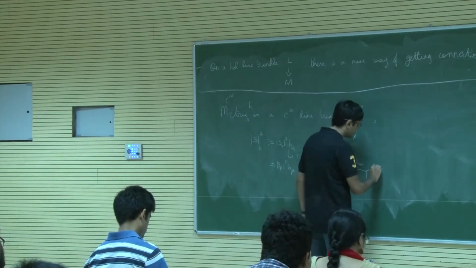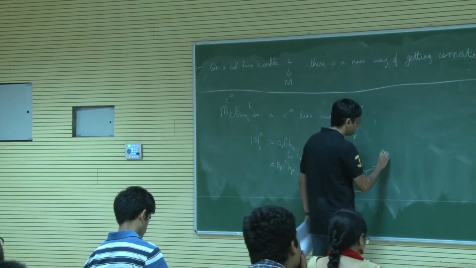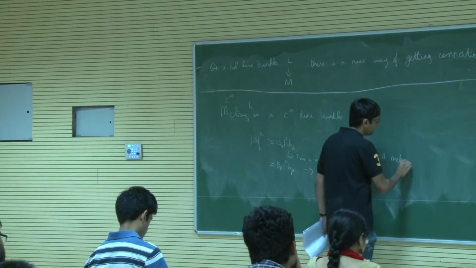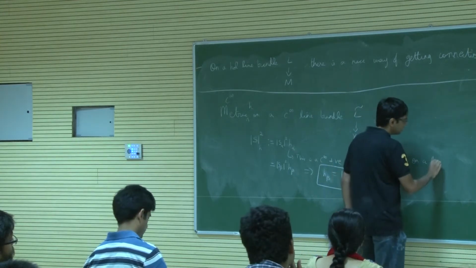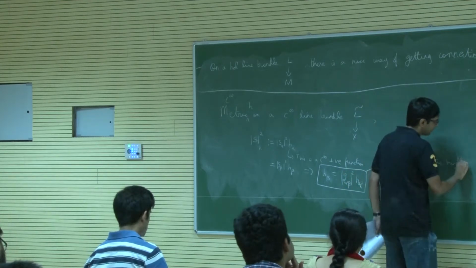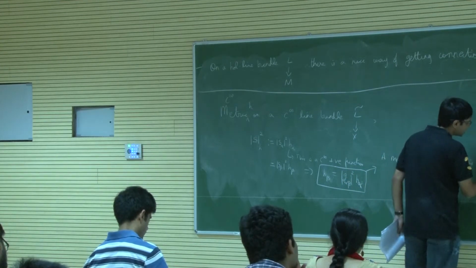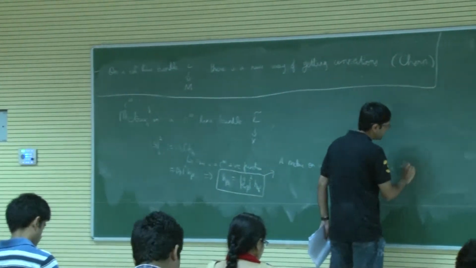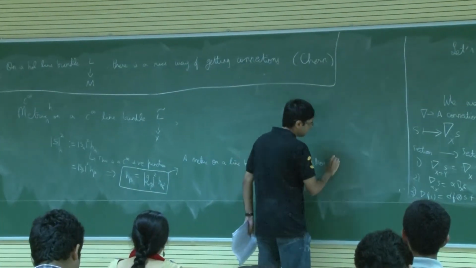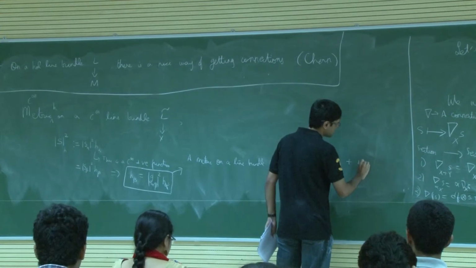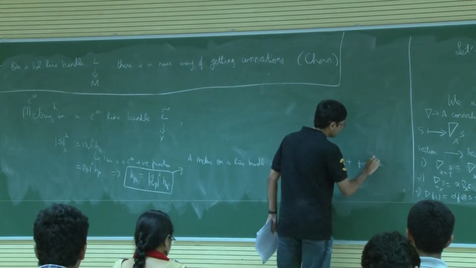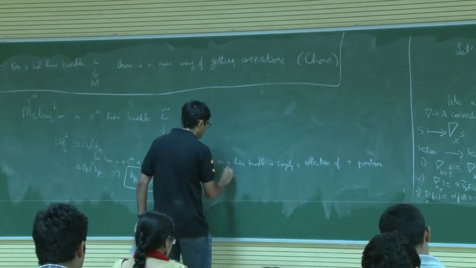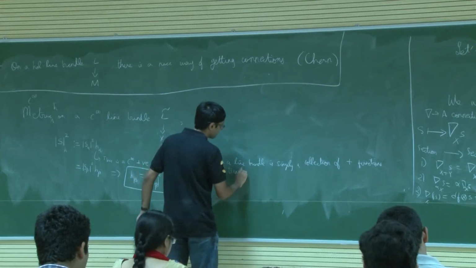So a metric on a line bundle is simply a collection of positive functions, real valued of course, transforming according to this rule.